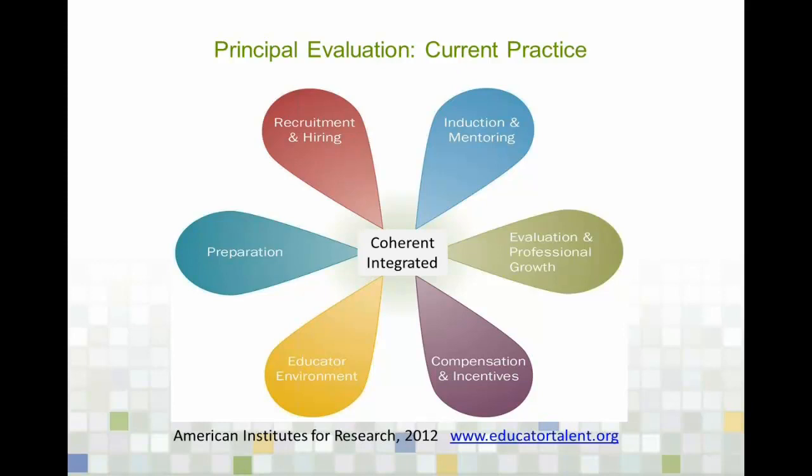If these human resource functions are working at cross purposes, they're sending different messages to principals. And so what we do with our work with states and districts through the National Comprehensive Center on Teacher Quality or our Educator Talent Group is we work with states and districts to make the messages coherent and integrated so that principals are sure of what they need to do and what work is rewarded and how.